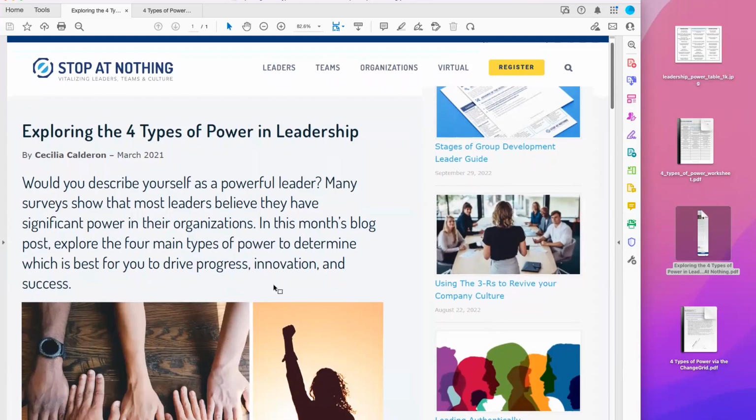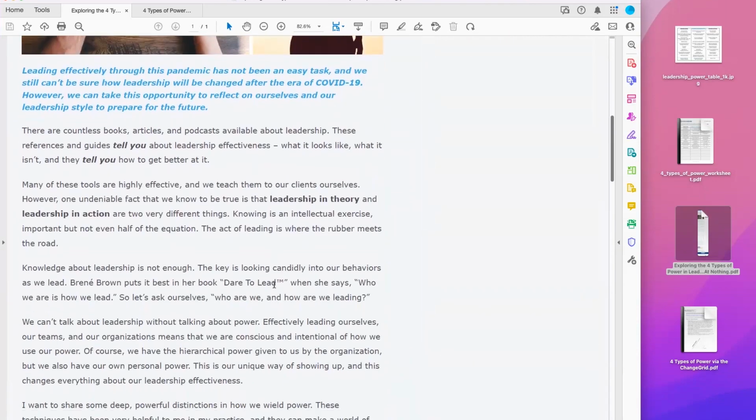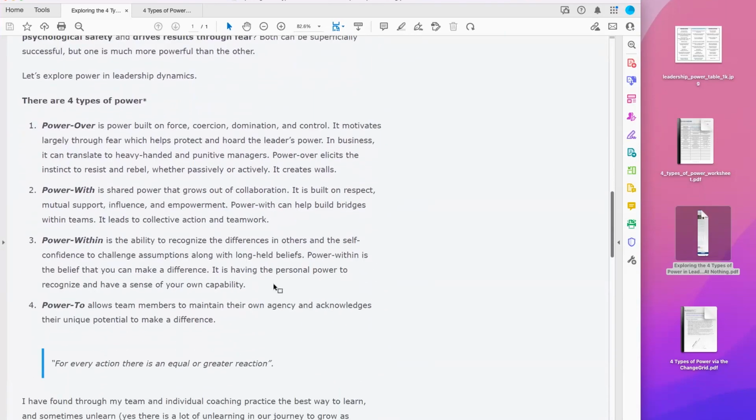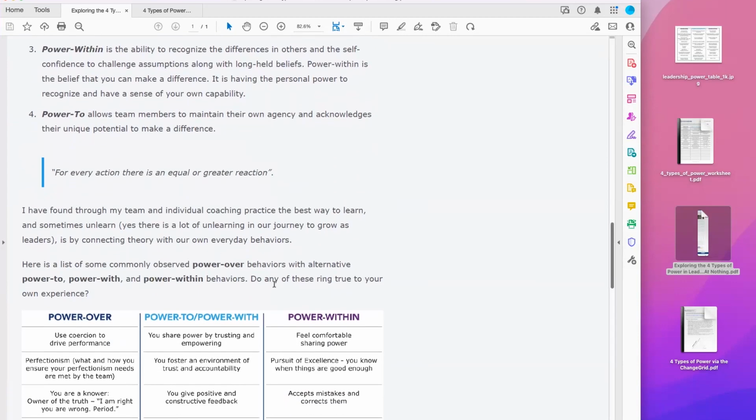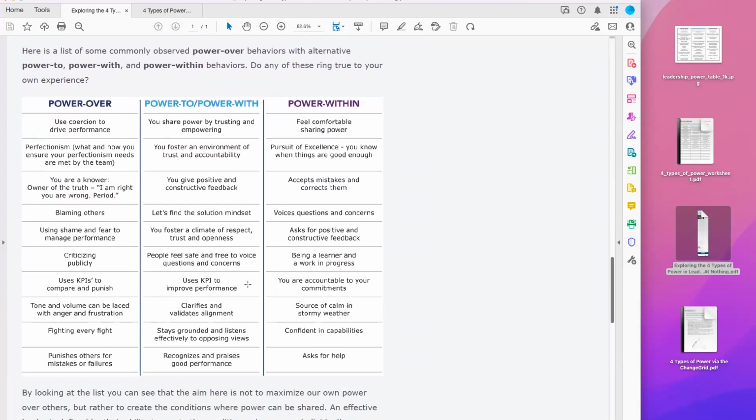So anyway, they go through more of a description. The front part of it is what Tim's already shared, but we go over and now we look at what power over versus power within really incorporate or encompass behaviorally. So if you have power over, you want to use coercion to drive performance.